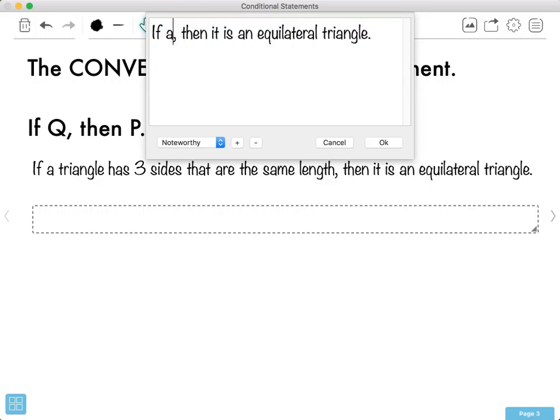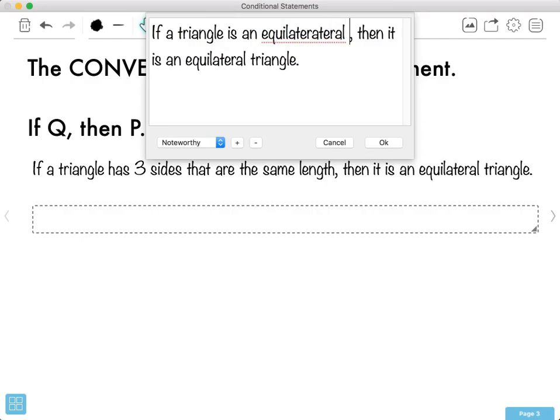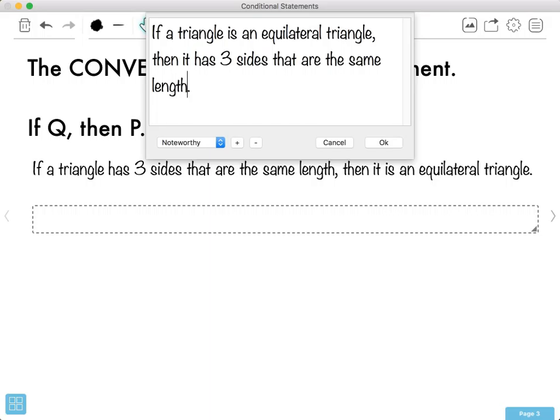I'm going to say if a triangle is an equilateral triangle, then it has three sides that are the same length.